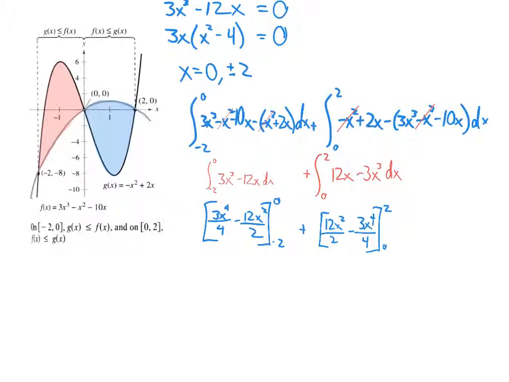Yeah, so here it's going to be 0 minus, that -2 to the 4th is going to be a positive 16 over 4 is 4, so that's 12. Minus 24.